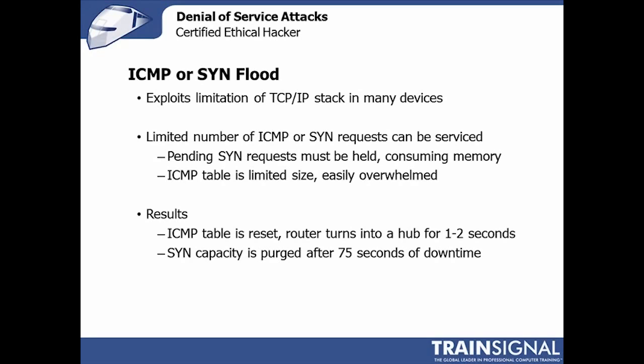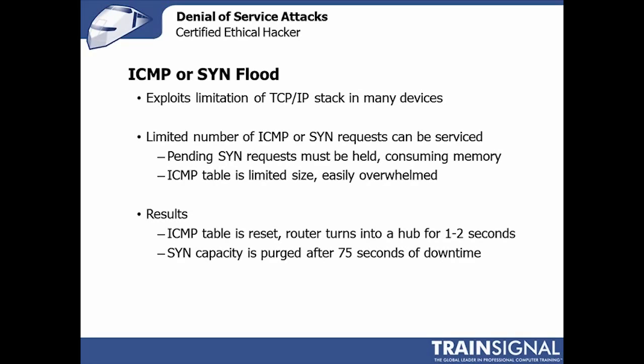If that table is overwhelmed, it's actually very easy for the target to reset itself. And it only takes somewhere between 1 and 2 seconds to reset itself. But for that 1 to 2 seconds, there's two things that are interesting. It's not servicing new requests, which is a very brief but significant denial of service.